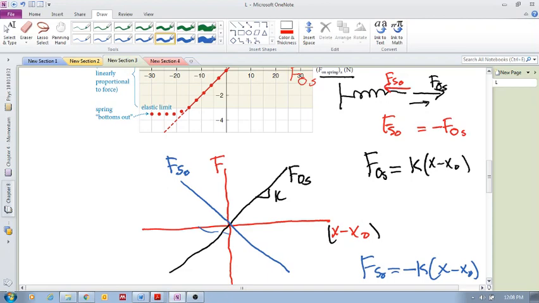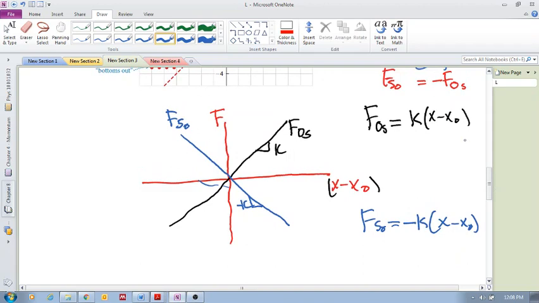It is negative. As x minus x0 is positive, the spring wants to restore it, so the force is negative. And when x minus x0 is in that direction and it's negative, then the spring force will be positive. So this slope then is negative k.